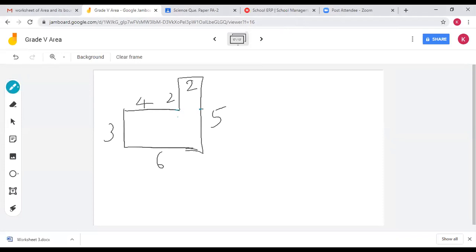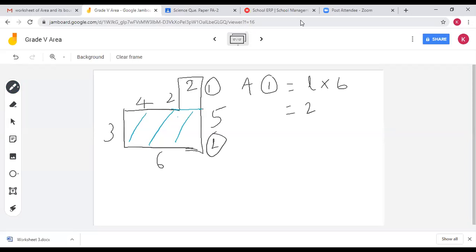Okay, so I'm going to do it like this. So this becomes a rectangle and this also becomes another, right? So first we will do area of this one, right? We will count it as 1, this one as 2. Area of 1, right? Length into breadth, which is 2 into 2 is equal to 4 square centimeter, right? Area of second rectangle, again length into breadth.